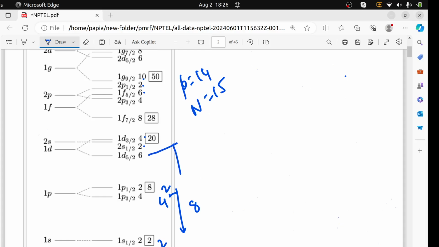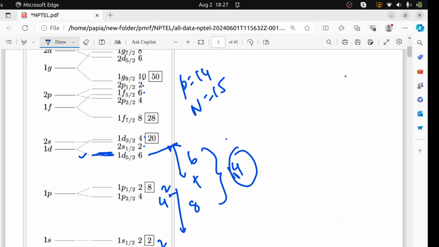So if I am taking this one, then 8 plus 6 will give us 14. So for the proton case, up to this we need to go. And it's already fully filled because for 1d, the maximum number of nucleons is 6. So 6 is already filled by those 6 protons, and these all are fully filled. So obviously for 14 as P, this is fully filled, so it will not give any contribution to spin and parity.